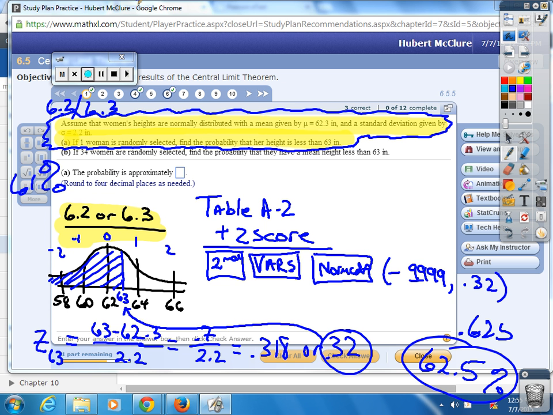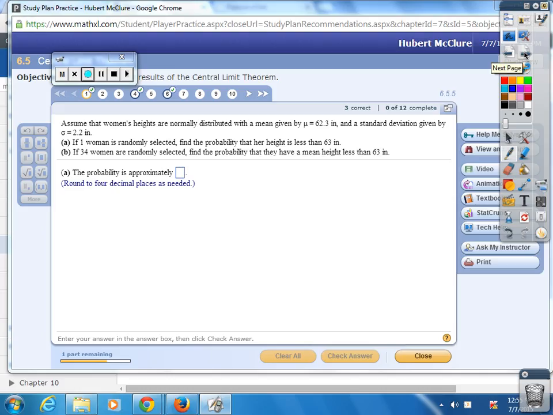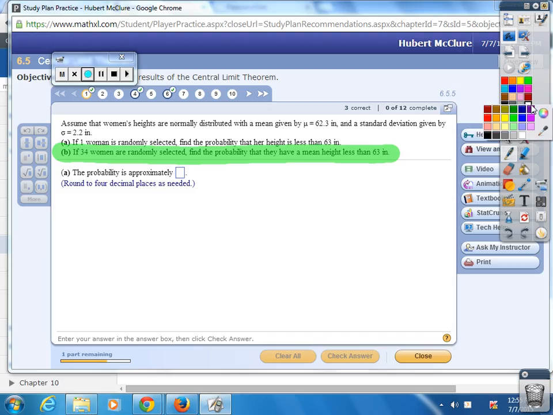And I'm just going to go to the next page, and I'm going to do it in green. Yeah, just come on in whenever you want to.